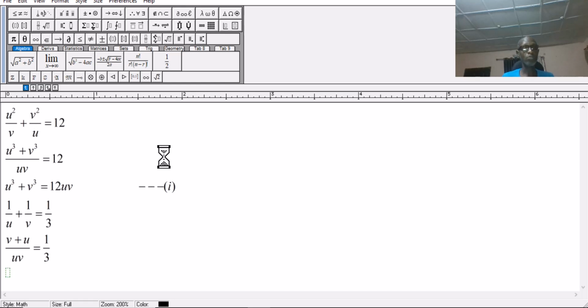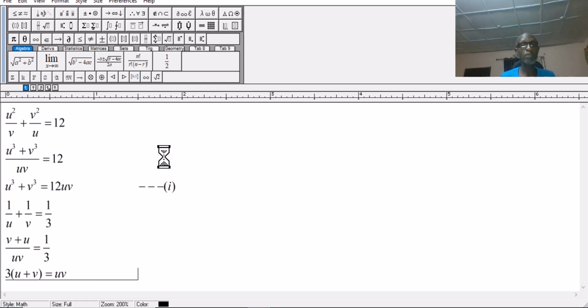So solving this will give us u plus v, and cross multiplying also, 3 bracket uv. So let's do it that way.